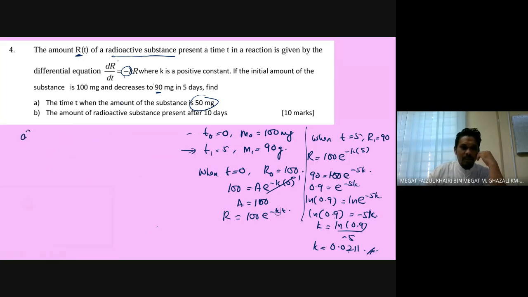Okay, question A. When R equals 50 milligram, so what is T?